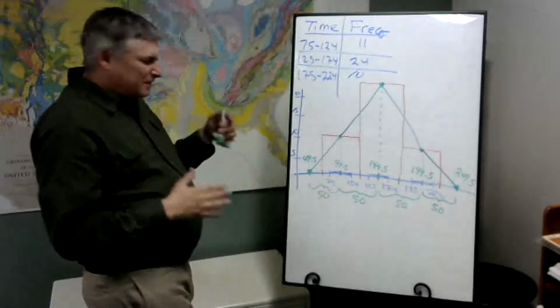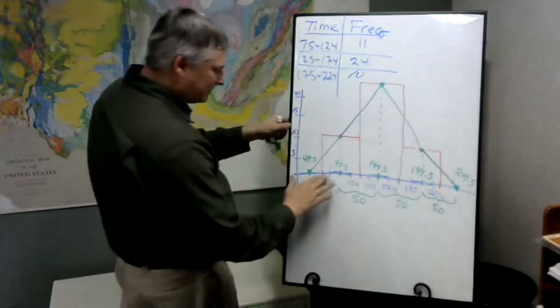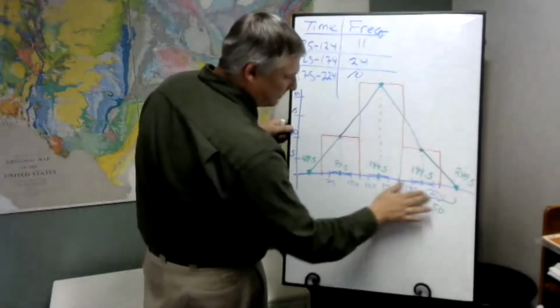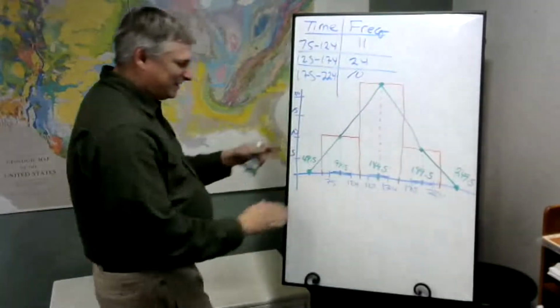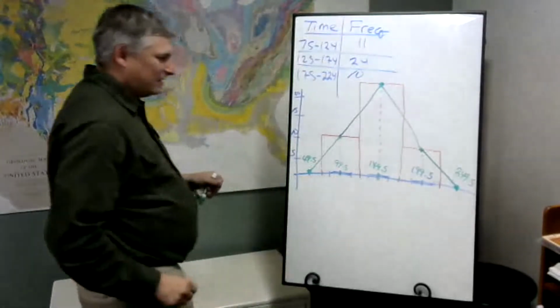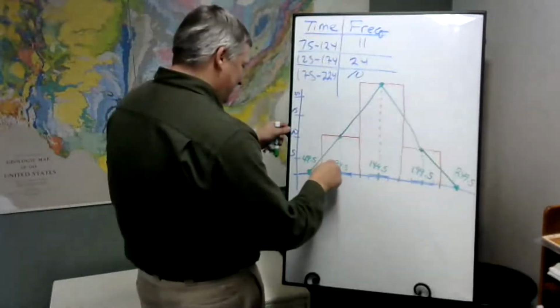And so what we're going to do, let's clean this up. There's a lot of stuff going on here. We don't need these anymore. We've placed our points. And we don't really need the class limits. We can get rid of these. And we don't really need the histogram anymore.